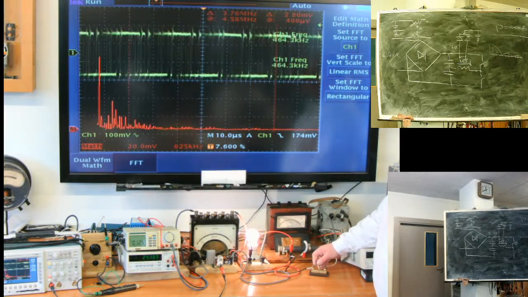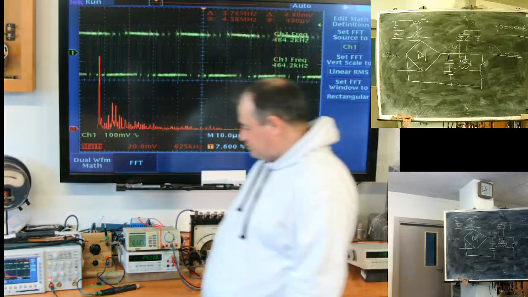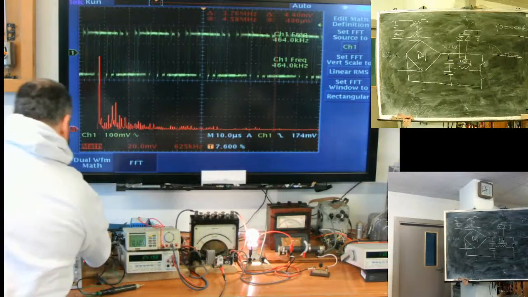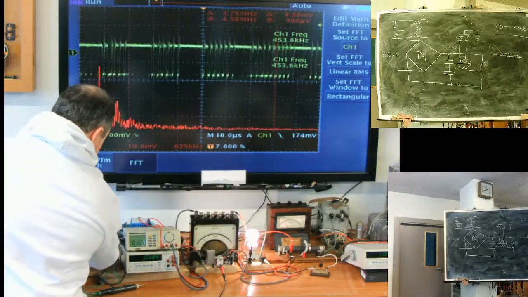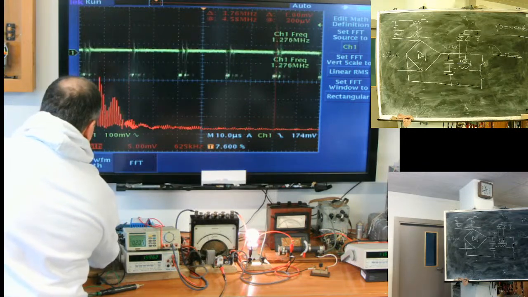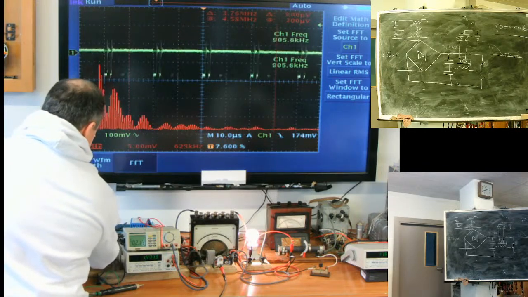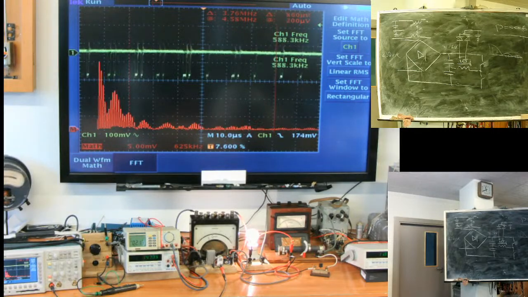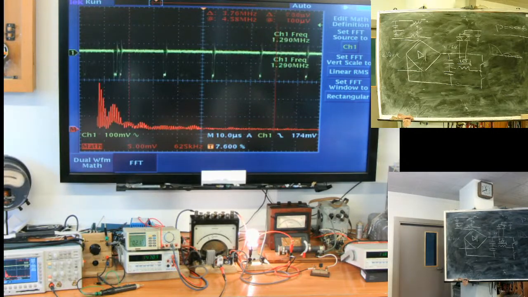It doesn't change every pulse. Where is the stability margin? 15, 14. Okay, it's near the stability margin.